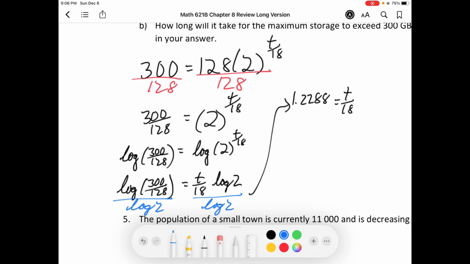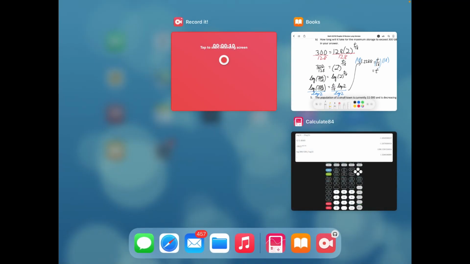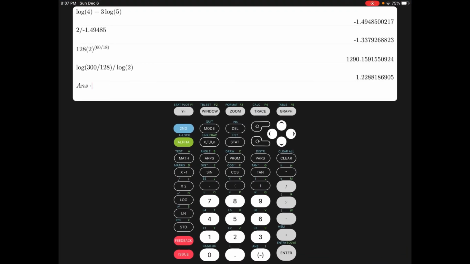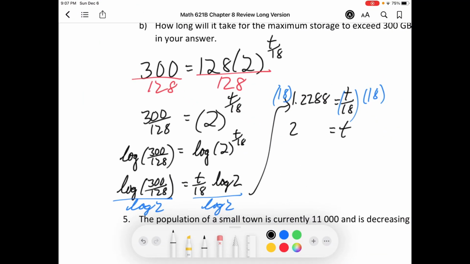Now what do I need to do to both sides to get t on its own? I need to times by 18. So let's go back to the calculator. And we'll do that. We'll multiply by 18. We get about 22 months. 22.1.